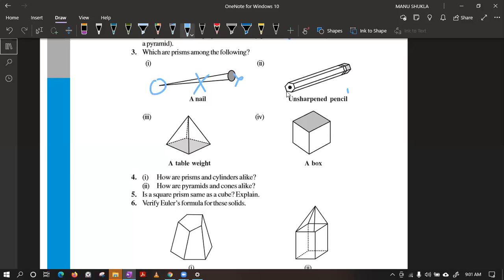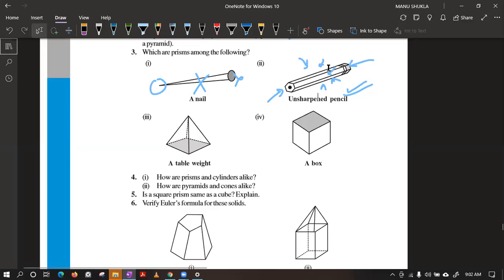What about this one? Yes, this is a prism because the top is a hexagon, the bottom is a hexagon, and all the six lateral surfaces are parallelograms.